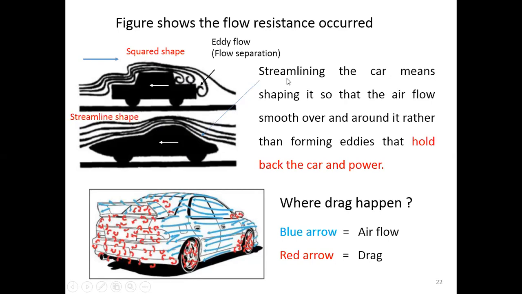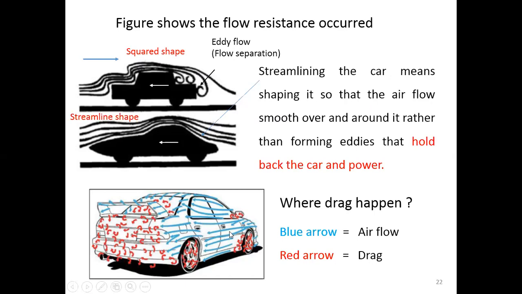So streamlining the car means shaping the car such that the air flows smoothly over and around it, rather than forming the eddy that will hold back the car and the power. So this is what happens if you have a different shape of the car. And where the drag happens in the car is shown right here.